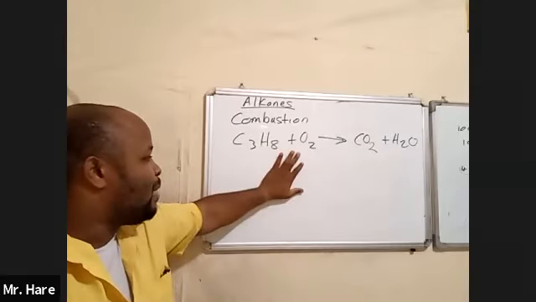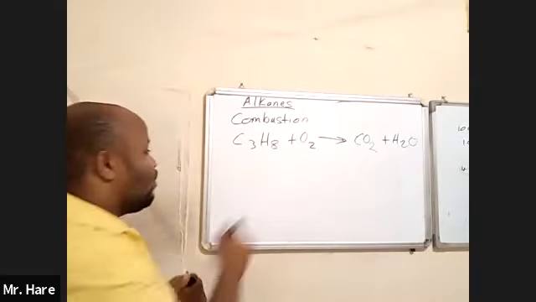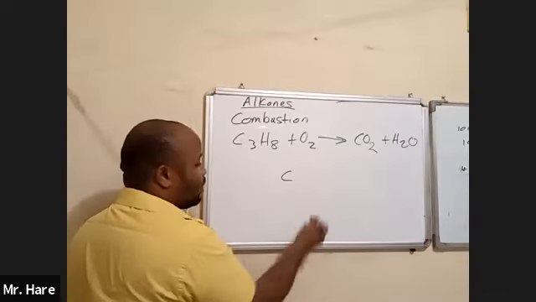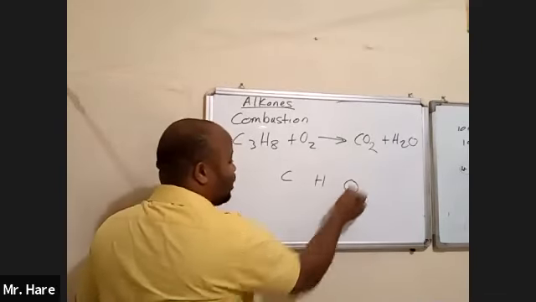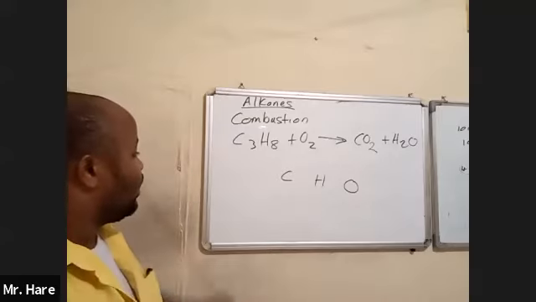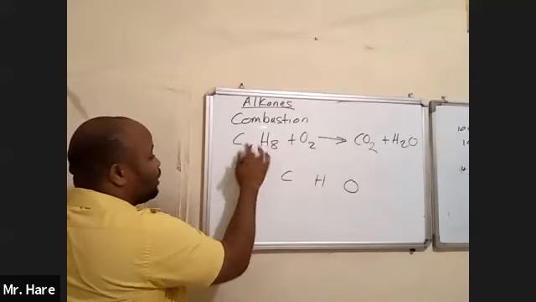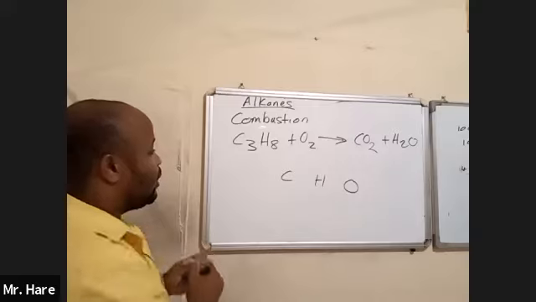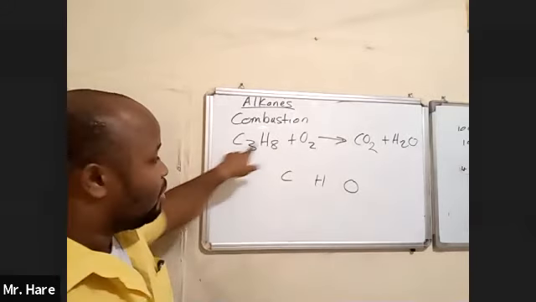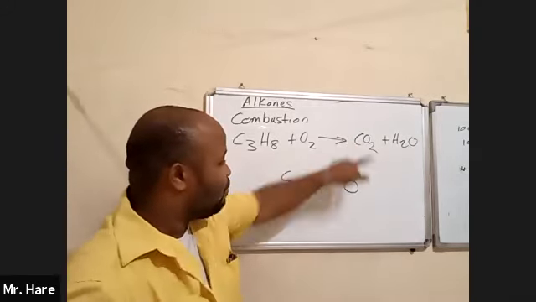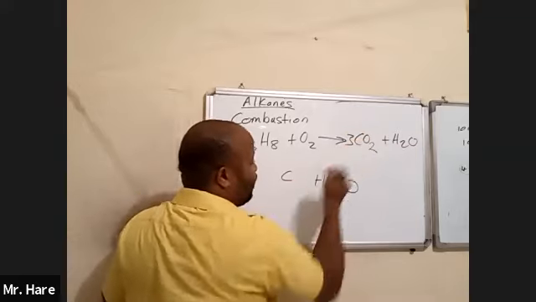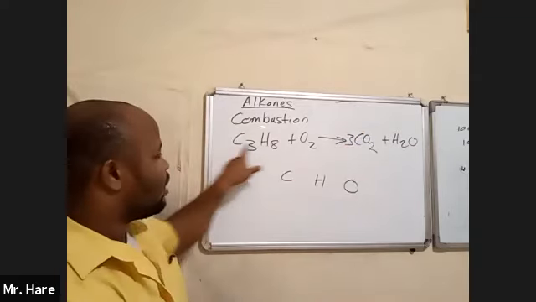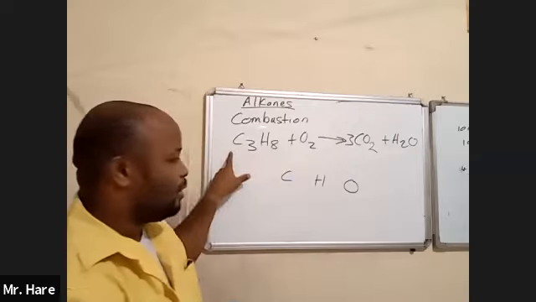When we're going to balance this equation, we're going to do carbon first, then hydrogen, and then oxygen. All right, so quickly, this is C3H8. So we have 3 carbon here. That means I must have 3 carbons here as well. So that balances my carbon.